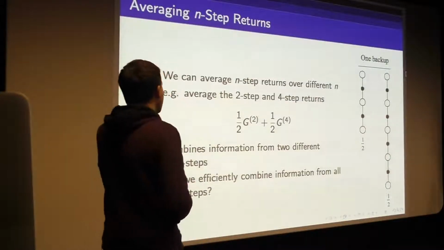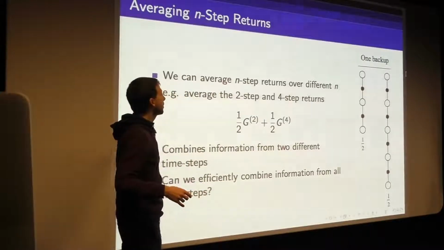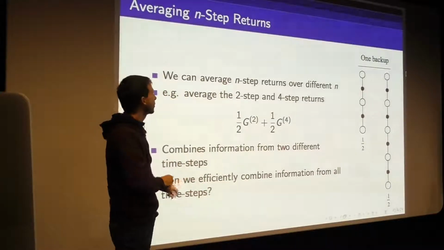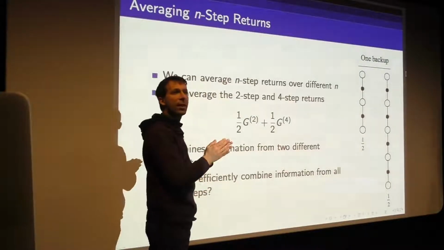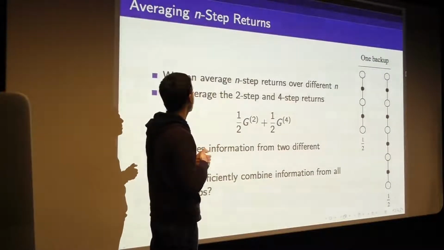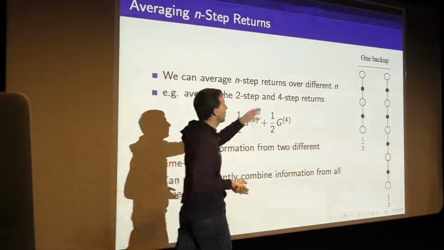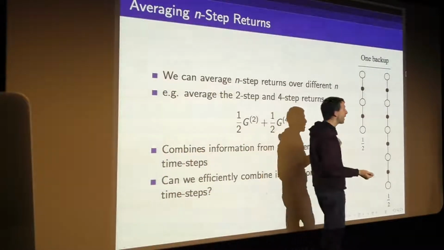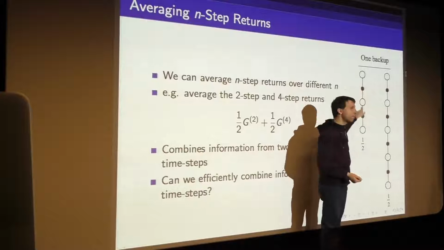So how do we do that? Well, the way to do that is to notice that we can average over these n-step returns. We don't have to just commit to one of them. We can take a target which combines multiple n-step returns together. So for example, consider this case where we're going to do one backup towards the average of both of these.